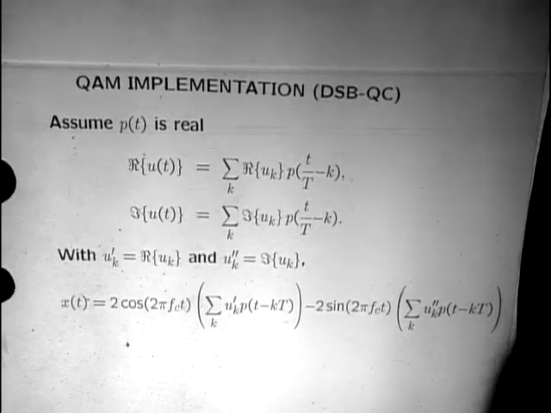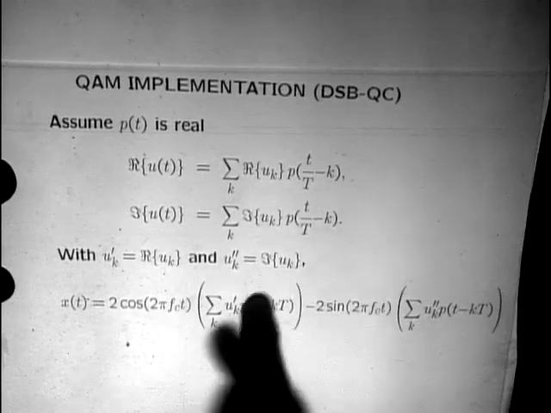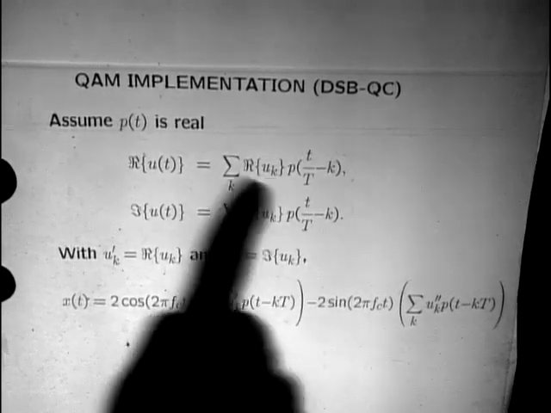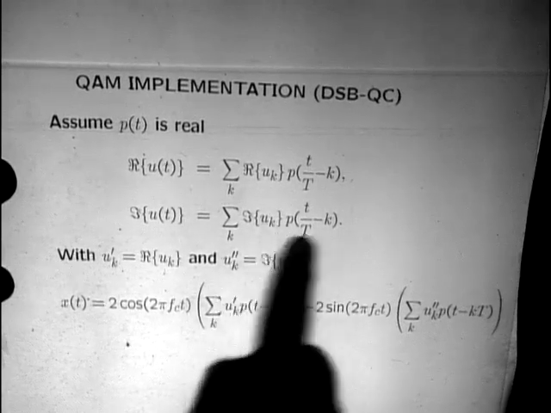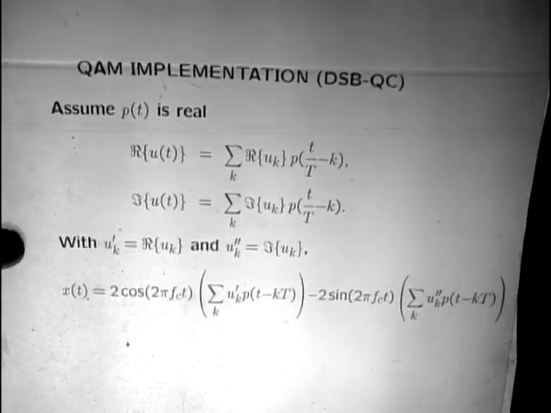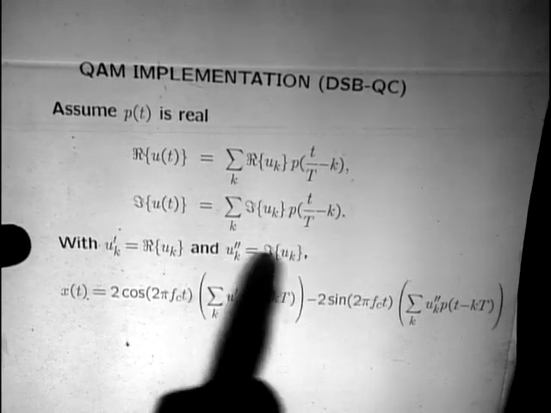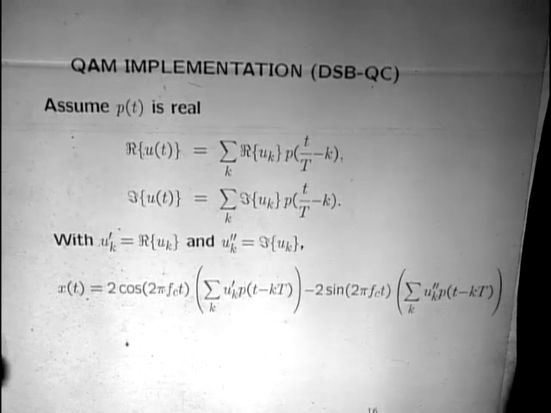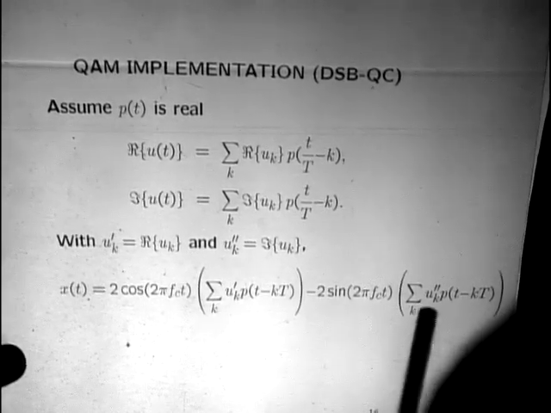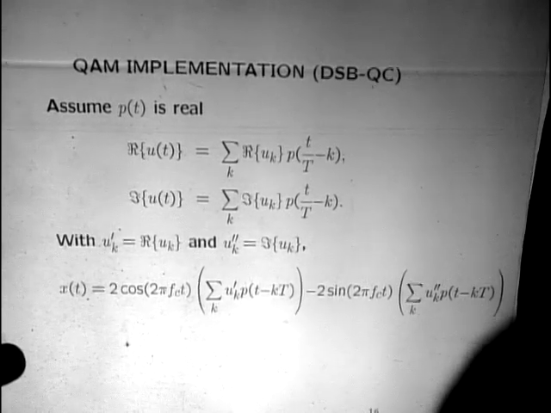So the real part of u of t is just the sum of these shifted pulses times the real parts. This is the sum of the shifted pulses times the imaginary parts. You define u sub k prime as the real part and u sub k double prime as the imaginary part. In the notes, these are called a sub k prime and a sub k double prime.